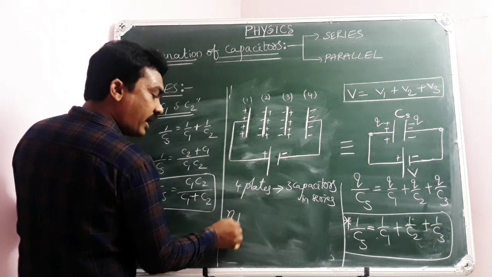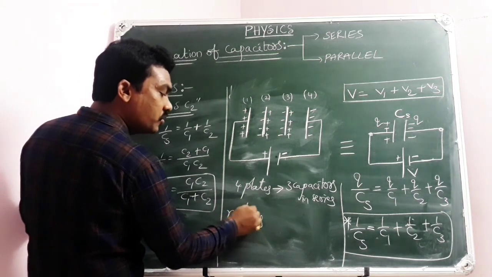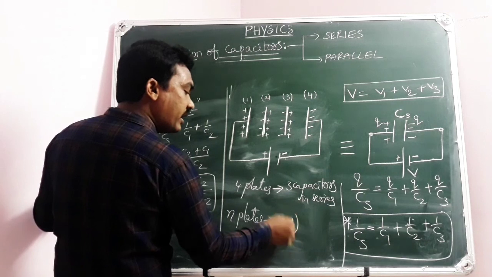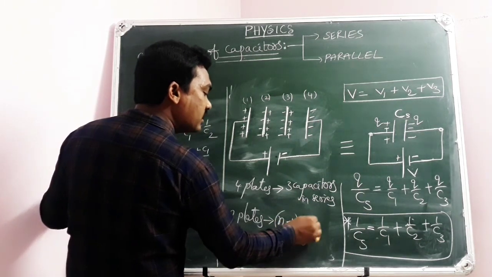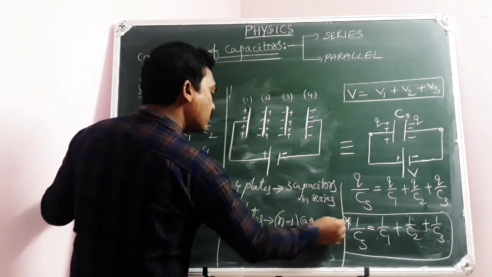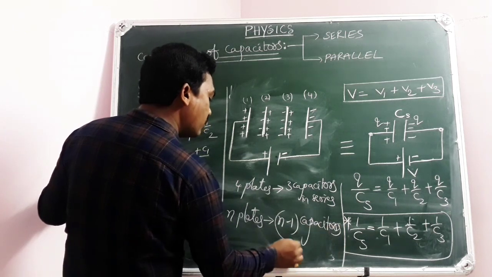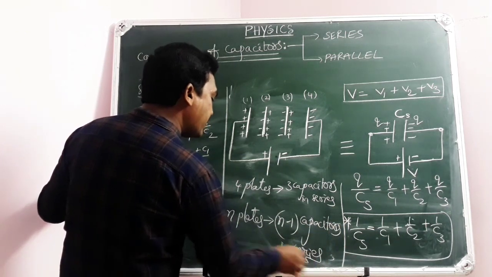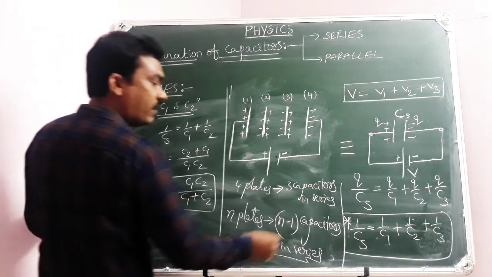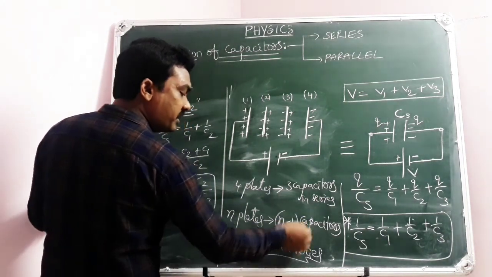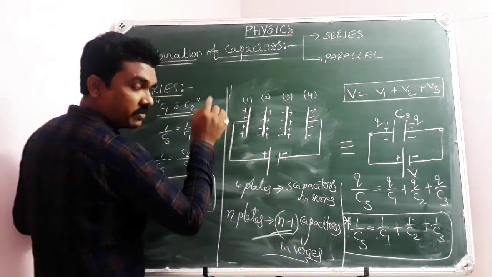Similarly, if n identical plates are given to you, you can have n minus 1 capacitors in series. This is a little more conclusion. If n identical plates are given, we can have n minus 1 capacitors combination in series in this way.